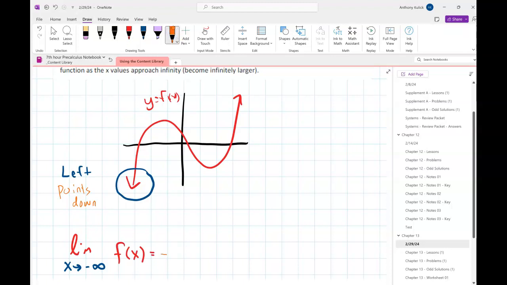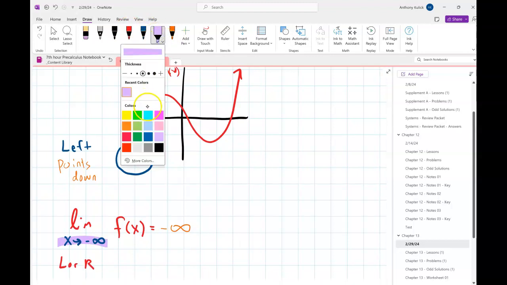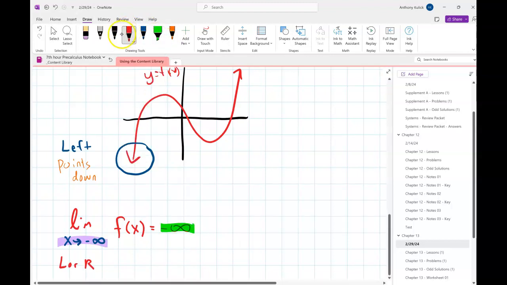And then we'll say that limit equals negative infinity, and that negative infinity is the pointing down part. So this part is describing the left and right, and this part is describing the up or down.